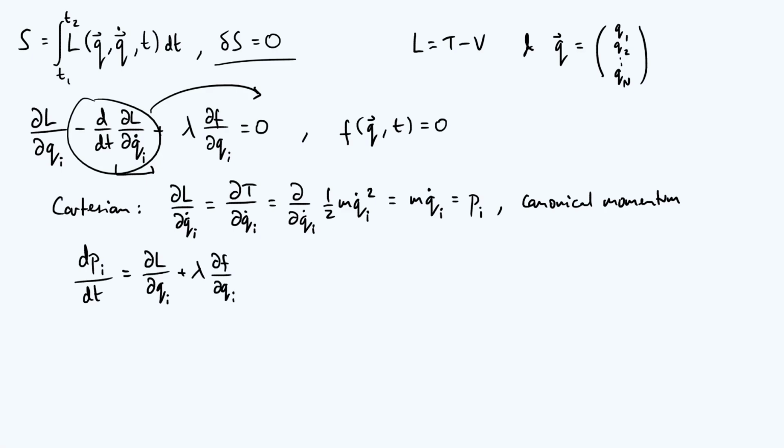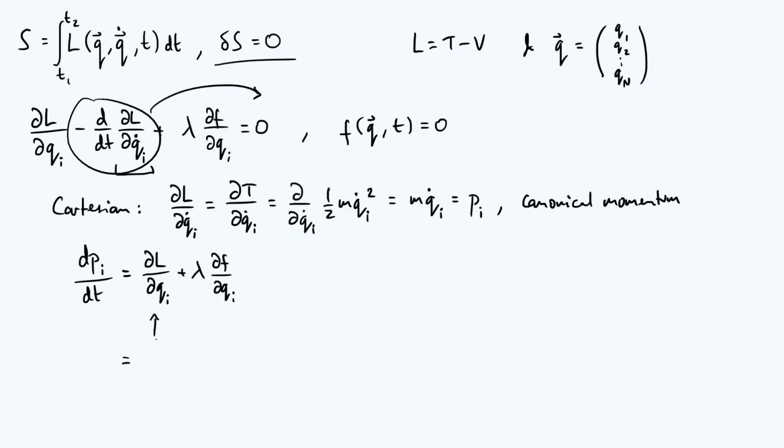So the left-hand side is the rate of change of the canonical momentum. So already we can start making an analogy with Newton's second law, which says that the resultant force on an object is the rate of change of its momentum. So that already looks a little bit like a generalized version of Newton's second law. We can take the analogy a little bit further by noting that dL by dq_i, well, the position dependence of L must come from the potential part, the minus V part, because kinetic energy doesn't depend on position.